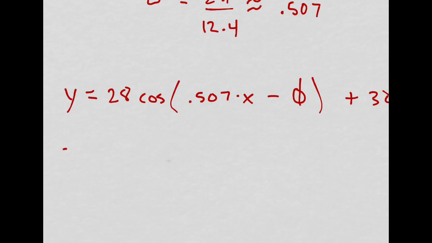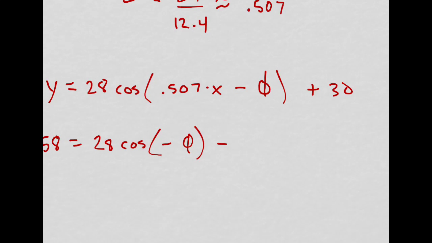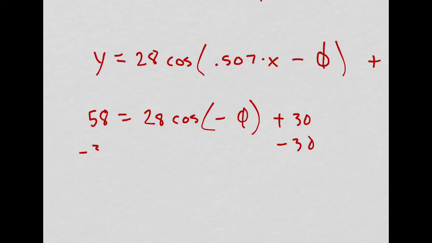So I'll have 58 for y and 0 for the x. So that means that goes away. So I have 28 times the cosine of negative phi plus 30. So I'll subtract 30 minus 30. That's what? 28? 28 equals 28 cosine of negative phi.